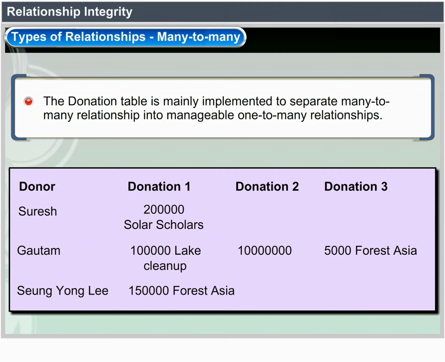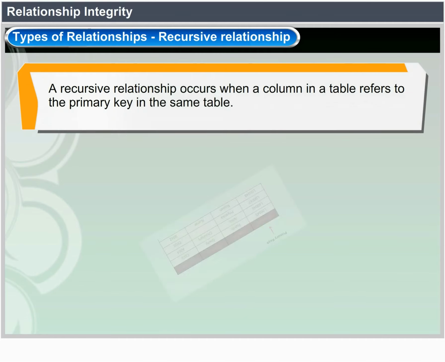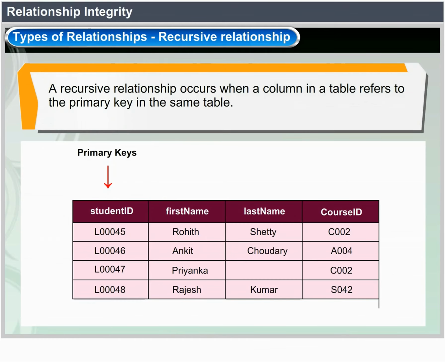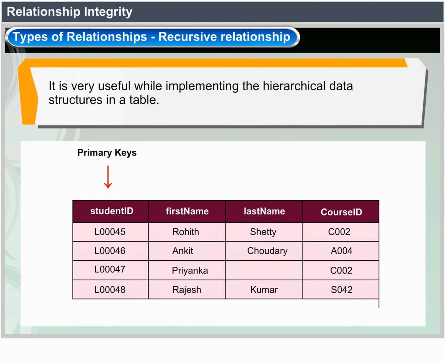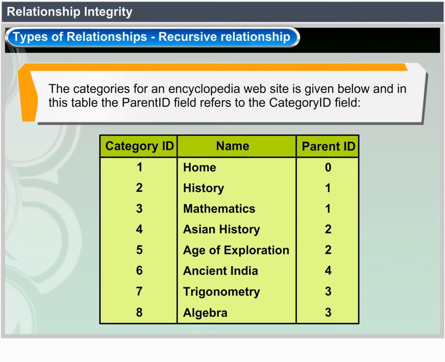Types of relationships. Recursive relationship. A recursive relationship occurs when a column in a table refers to the primary key in the same table. This is very useful when describing hierarchical data structures in a table. In the following table of categories for an encyclopedia website, the parent ID field refers to the category ID field.